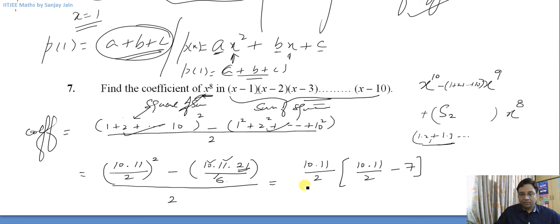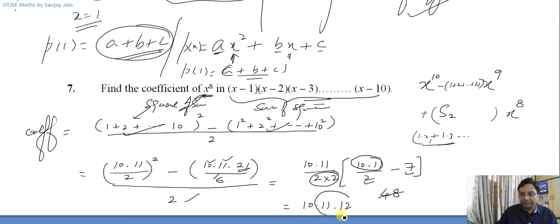And this whole thing is divided by 2, which I can write here also. So 10 into 11 is 110, 110 divided by 2 is 55, 55 minus 7 is 48, and then this is divided by 2 into 2, 4, so I can write it as 12. So the answer is 10 into 11 into 12.